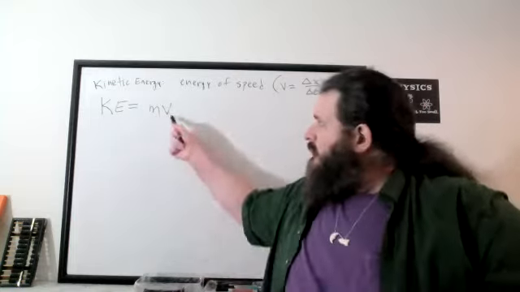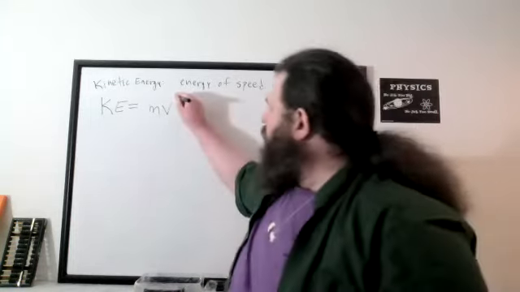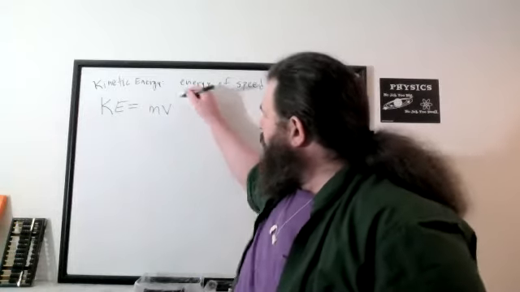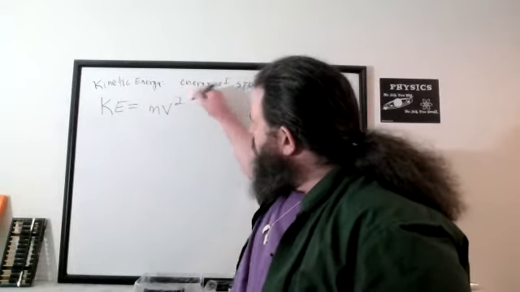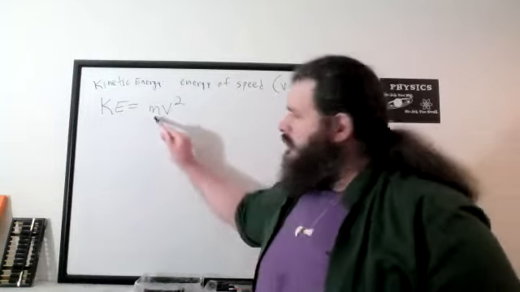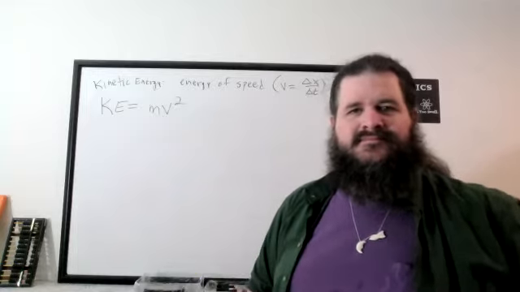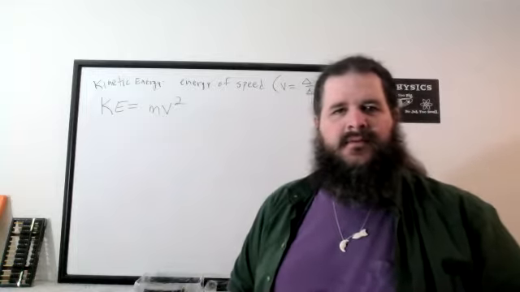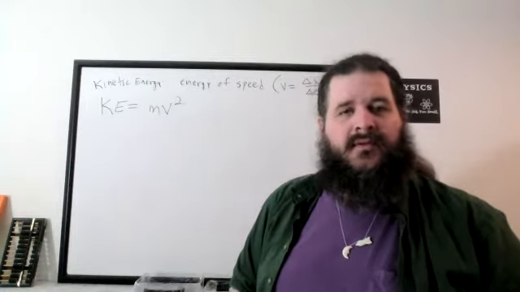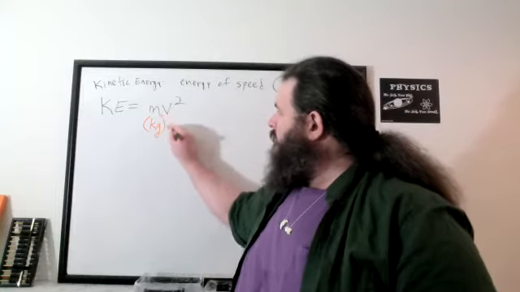However, just mass times velocity alone doesn't work. It turns out that we also need a squared on the velocity to get the units to work out right. In fact, if we take a look at the units here, what's the usual unit of measurement for mass? Kilograms. Yeah, mass is measured in kilograms.